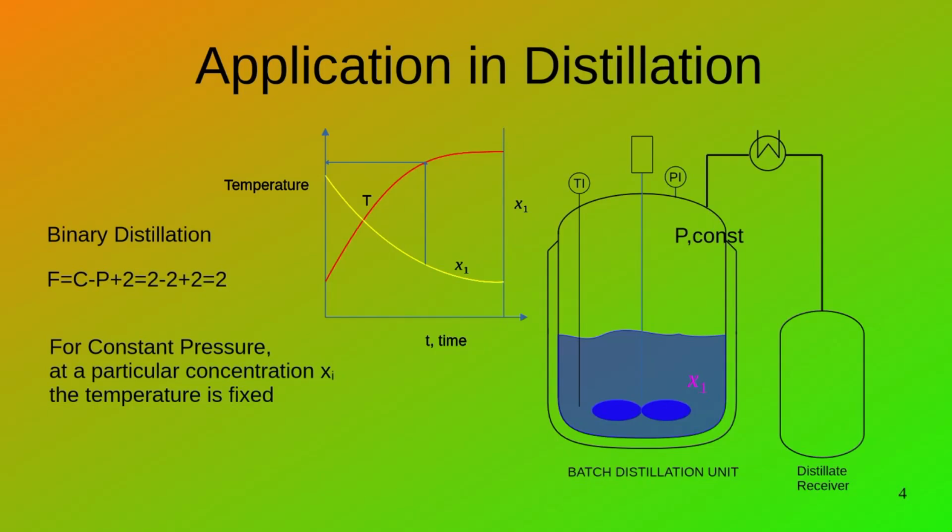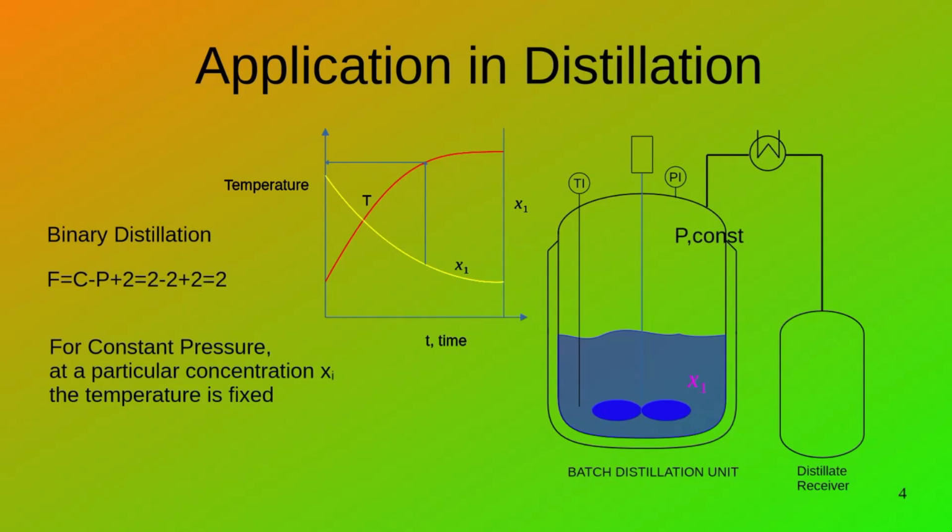So for every unique concentration, we are going to have a unique boiling temperature in the still. Of course, this is for distillation at constant pressure. Most of the distillations, if not all, occur at constant pressure in batch distillation units.